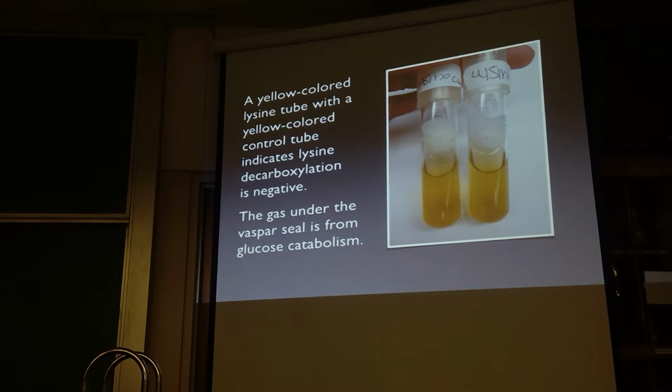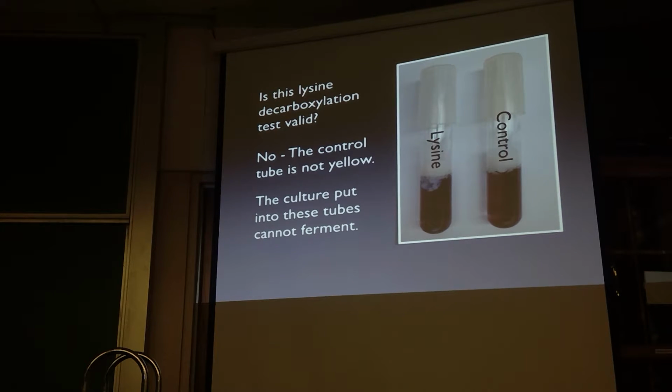Even though there's gas under there, that doesn't tell you anything other than they can produce CO2, and they can do that just by fermenting glucose. Now, if you get a purple control and a purple lysine, is this a valid test? The answer is no, because you don't know what's going on there. Was it purple because you forgot to inoculate it? Was it purple because your loop was too hot and you killed them when you put them in the tube?